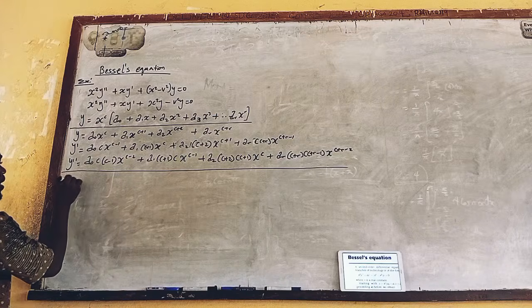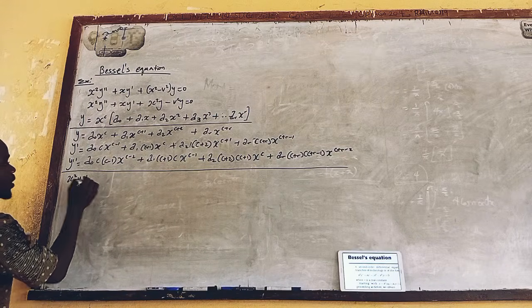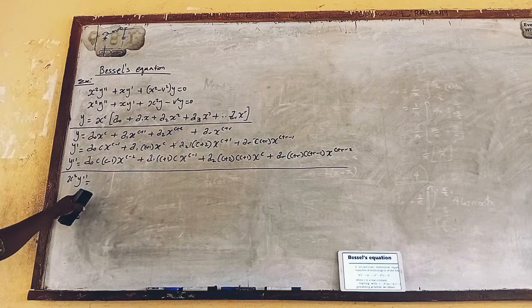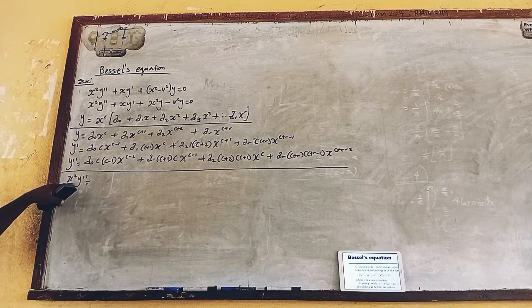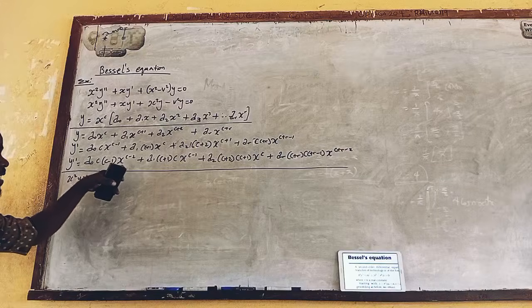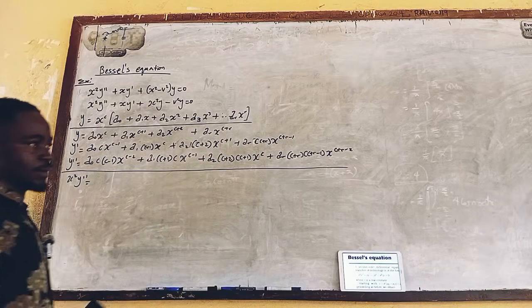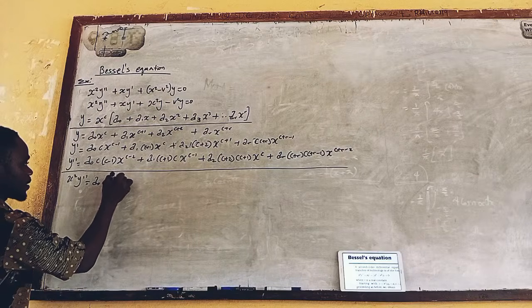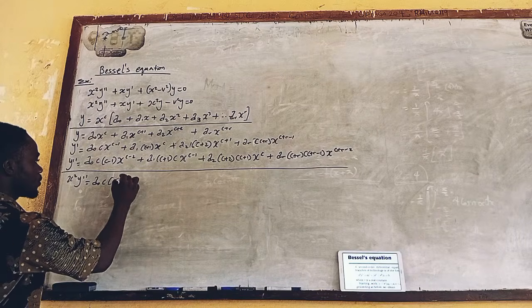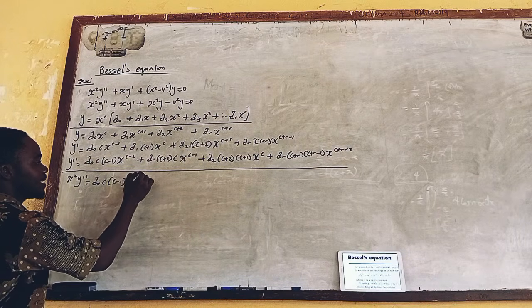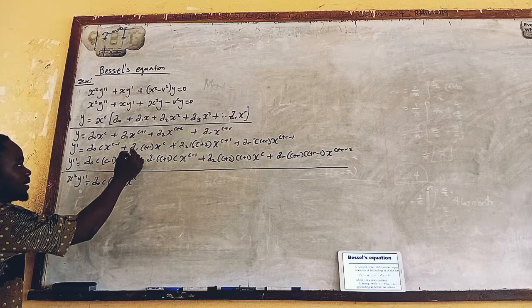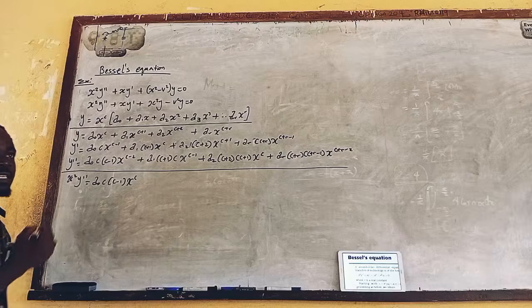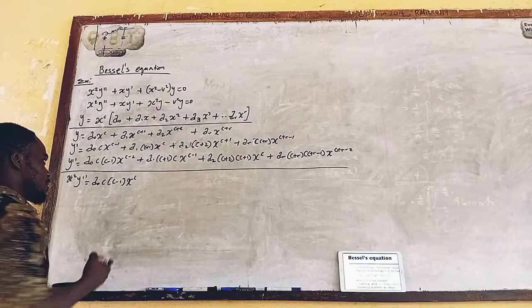The first one is x squared y prime prime, which means that we are multiplying y prime prime by x squared. This x squared will affect all the x's inside y prime prime. So this will be a naught c (c minus 1) x raised power c. This is minus 1, then we have minus 2, then we have x raised power 2 outside. That will be minus 2 plus 2, it will cancel that one.